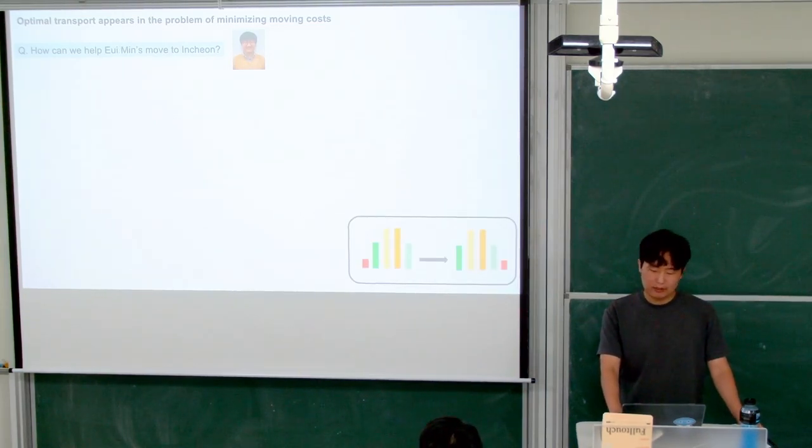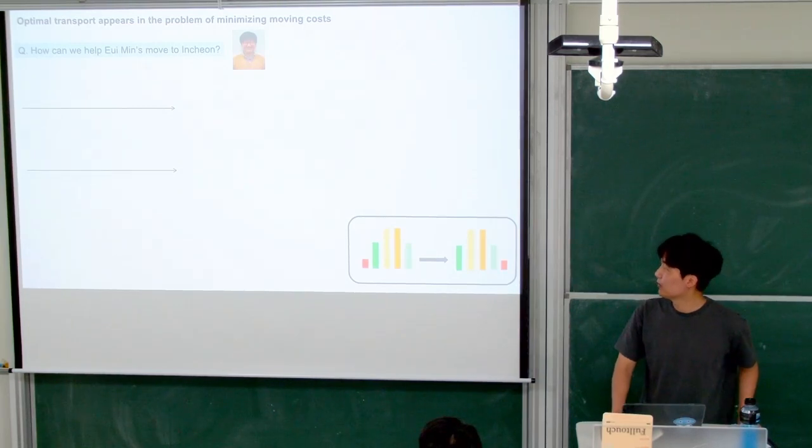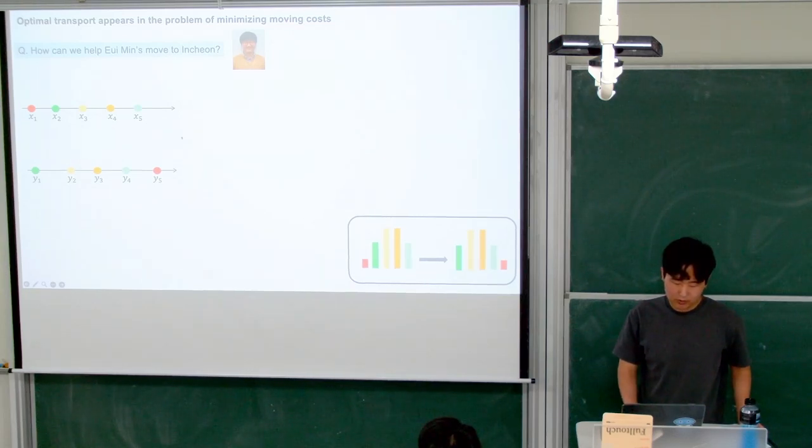However, this is not the end. So let's formulate this problem in a more mathematical way. So let's think about the real line, and there are 5 numbers each as an input, I mean, luggage in IBS and luggage in Inha University: x1 to x5 and y1 to y5.